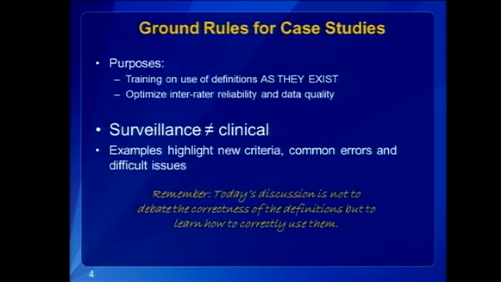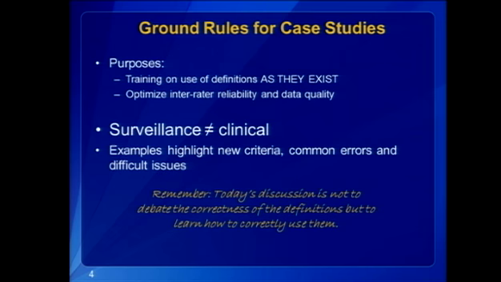Okay, so a few ground rules for case studies, which we always like to present first. Really the purpose for these case studies is to train on the use of the definitions as they exist. We talked a little bit about the difference between clinical and surveillance definitions in the previous presentation, and those will continue.